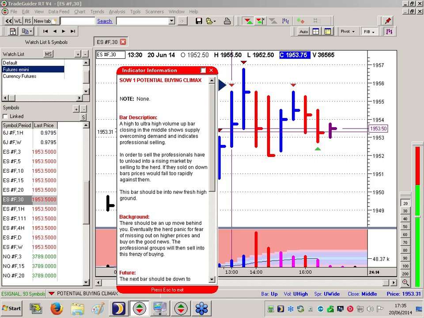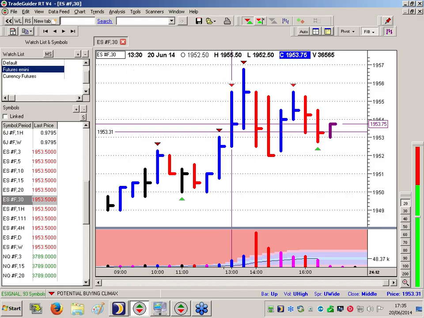Yeah, so a buying climax is when people rush into the market because they think it's going on up forever. Professional money, right, who bought at lower levels will unload into that buying, right? And it's that that alters the balance of supply and demand. And there's a nice little example, 30-minute chart here.